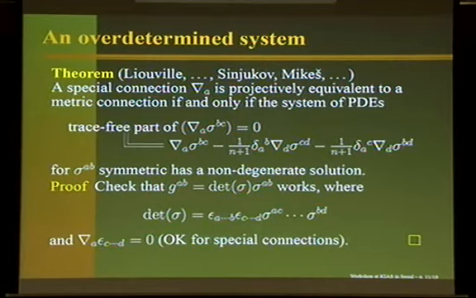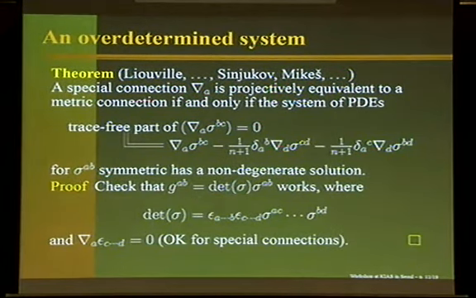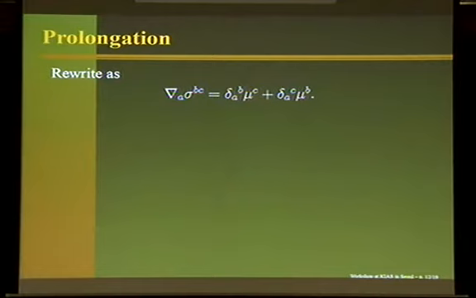Okay, now once you've got a system of partial differential equations like this, then there's a standard procedure of dealing with it called prolongation. So let me just run through that. The first thing is, rather than writing the equation like this, the trace-free part of this, always in prolongation what you do is you invent names for the derivatives that you don't already know about and try and write down all of the derivatives.